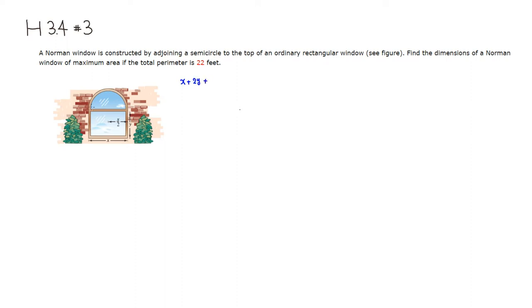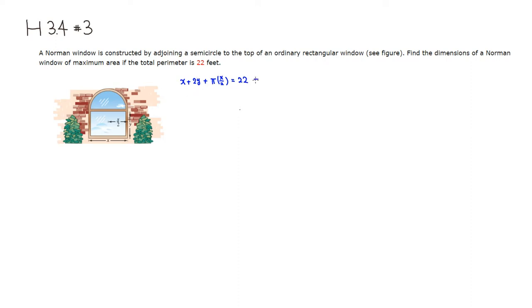And here, this arc part is going to be 1/2 of 2 pi r, so it's going to be pi r. R in this case is x over 2. And this is equal to 22 feet, right? Then I'm going to simplify a bit.